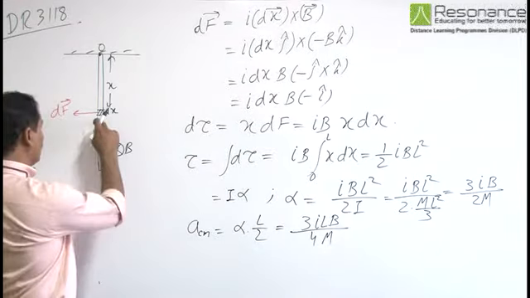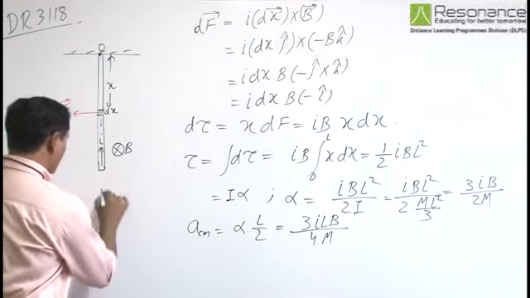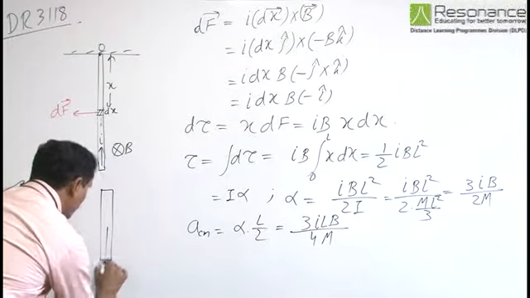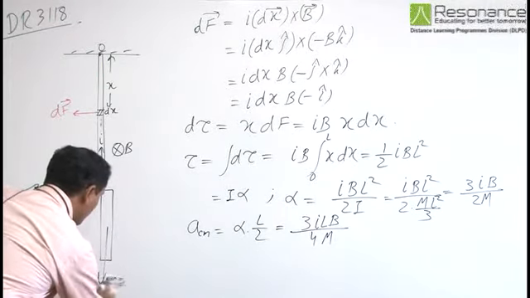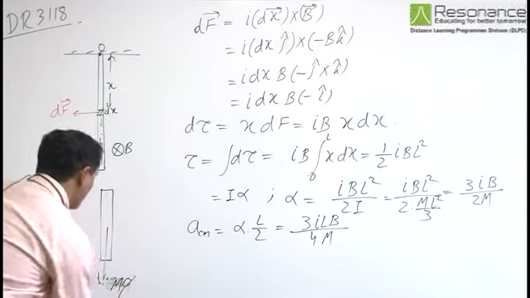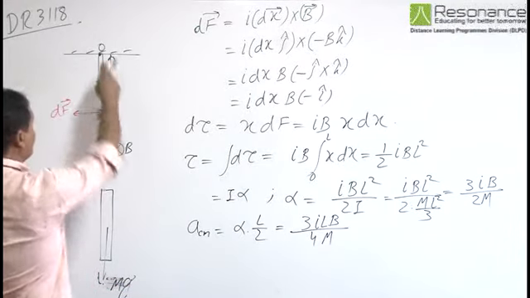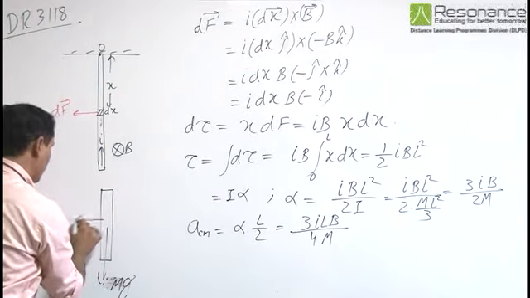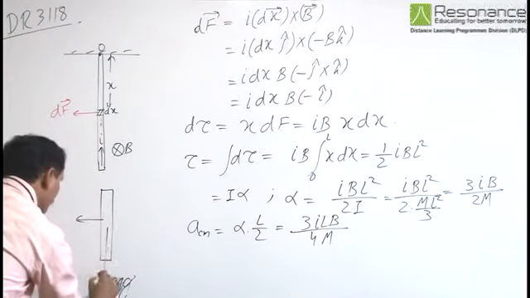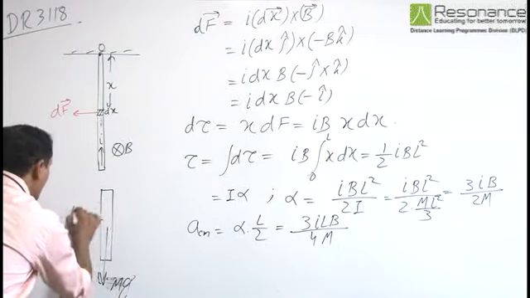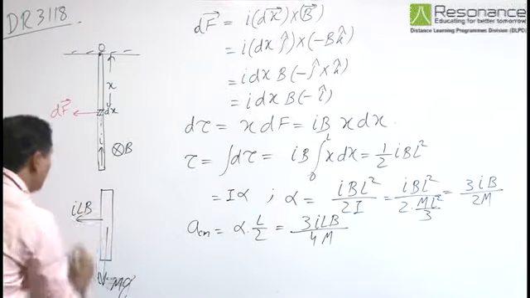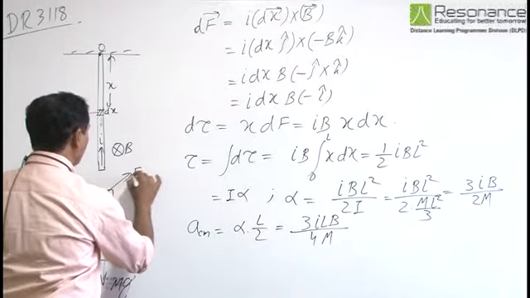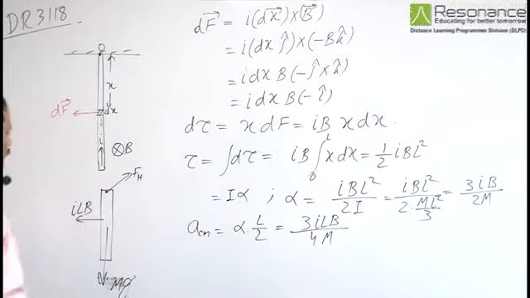Now we consider the forces. The weight is acting downward, that is equal to mg. Due to the current in the rod, the magnetic field exerts a force equal to I L B, and the rest is the hinge force.